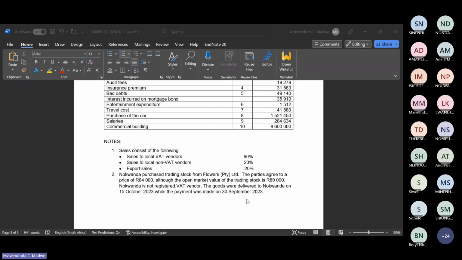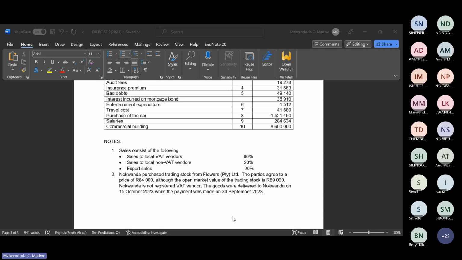Okay, guys, once you have two values in one transaction, that calls you to go to section 10, because now you will ask yourself, in order for me to calculate VAT here, which value I have to use between 84,000 and 89,000.